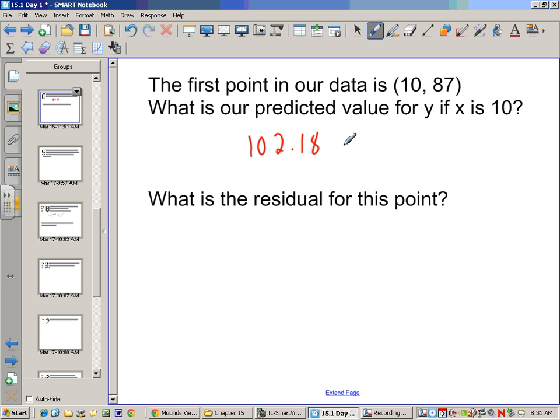Now this is below our predicted value. So to find our residual, I take our actual value minus our predicted. And so 87 minus 102.18 is negative 15.18.